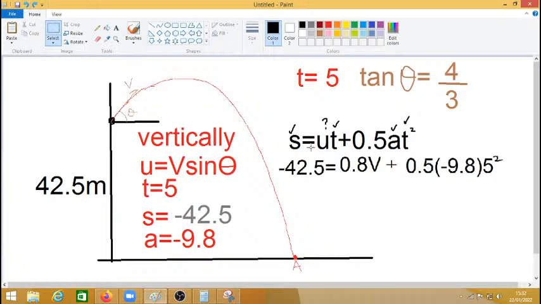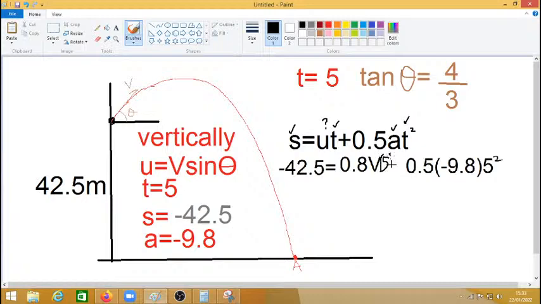I've forgotten the t. So here I had the u, which is v sine theta. We worked out sine theta is 0.8, so 0.8 v, but I've forgotten the t. So the t is 5, so that needs to go in as well.